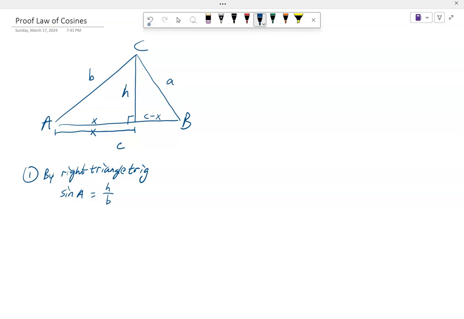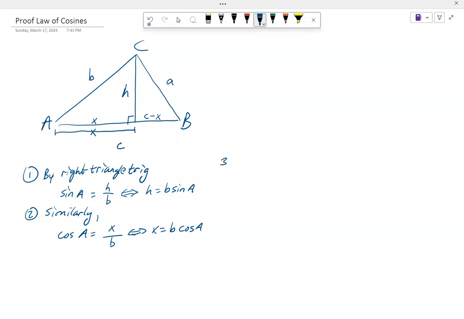So in other words, if we multiplied both sides by b, we'd have h equaling b sine A. Now let's do the same thing for the cosine of A. Similarly, if I took the cosine of A, which is the adjacent side over the hypotenuse, and let's solve for x, and multiply both sides by b, I'd have x equals b cosine A.